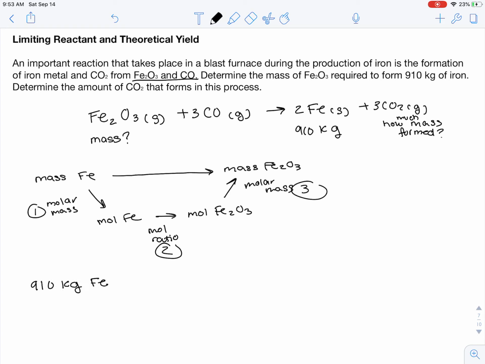My molar mass of iron, if I write it over here, is 55.85 grams per mole. Since it's in grams per mole and I'm given kilograms, I have to convert to grams first. My gram to kilogram conversion is 1,000 grams over 1 kilogram. Then I can use my molar mass.